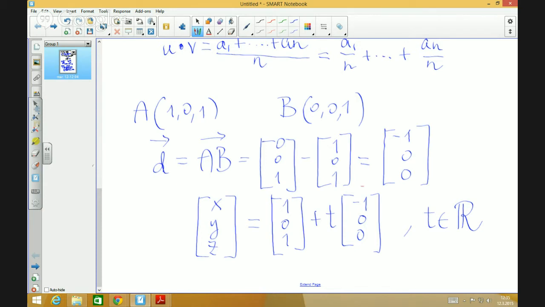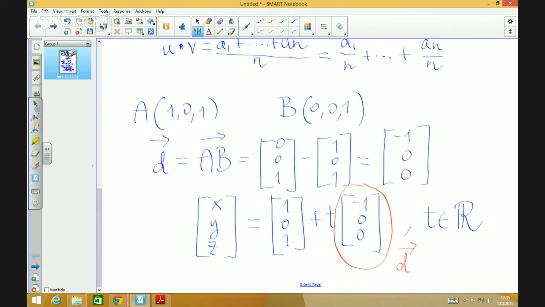Where this thing here is the direction vector D that we just found. Okay, so any doubt about this?